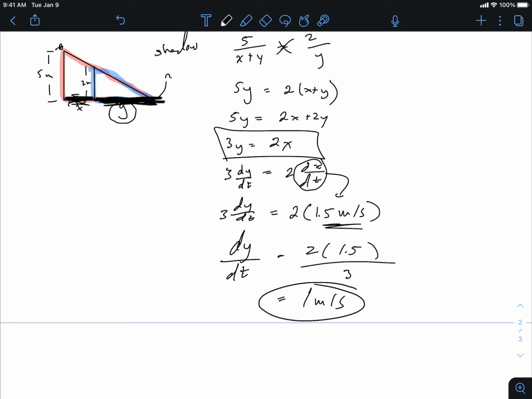So that's it. You've always got to remember, when you get an answer, to try and contextualize it to make sure that it makes sense. So his shadow is growing at a rate of 1 meter per second.